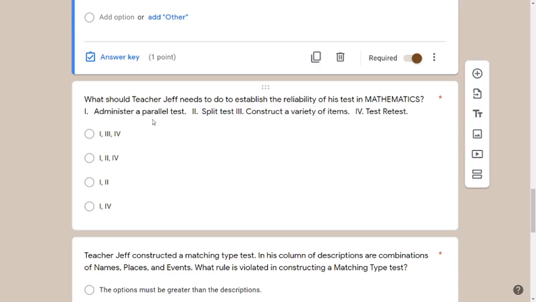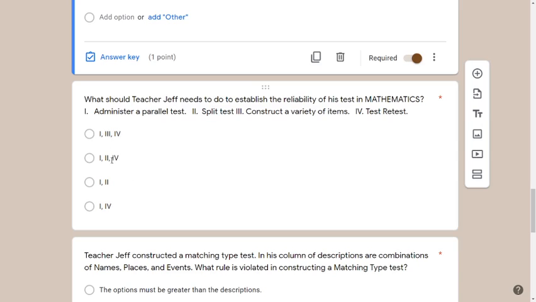So a parallel test is really correct. The next one, 4, is also there. Since 1 and 4 are already present, I will cross out option C. So my options now are A and B.